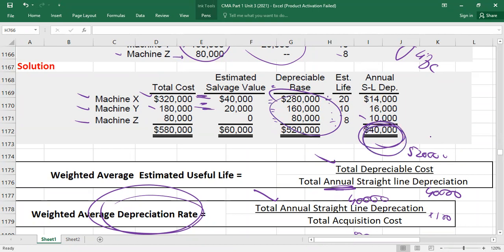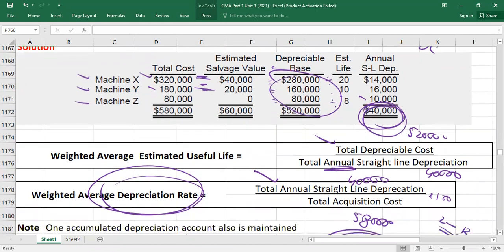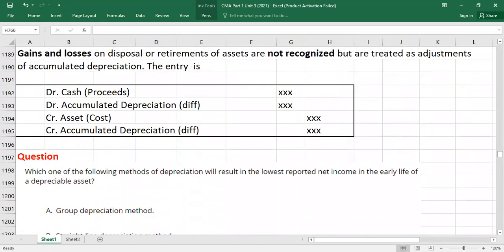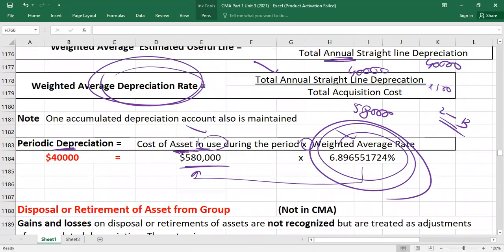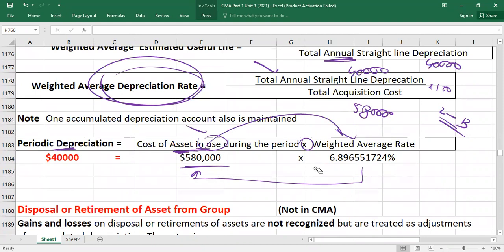That is why when you apply it here, you take just the cost of the asset, multiply by the depreciation percentage which you got. This is the depreciation percentage, the full value. So if you multiply, you will get annual depreciation of 40,000.